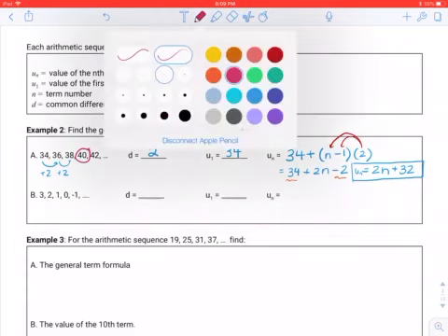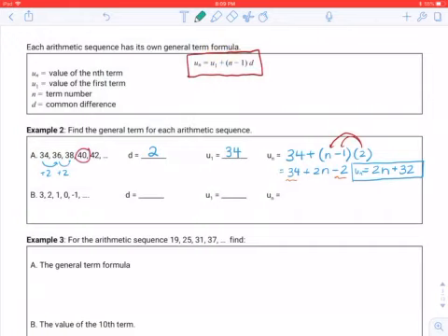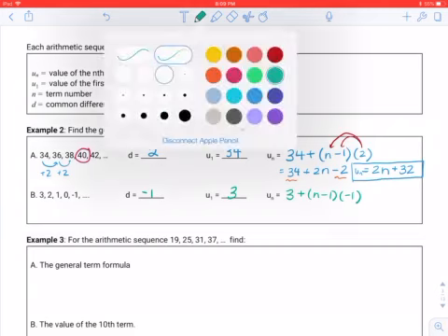Let's try example B. So I've got 3, 2, 1, 0, negative 1, common difference of negative 1, and a u1 of 3. So the first term is 3. So my un equals u1, 3, plus n minus 1 times my common difference, which is negative 1.